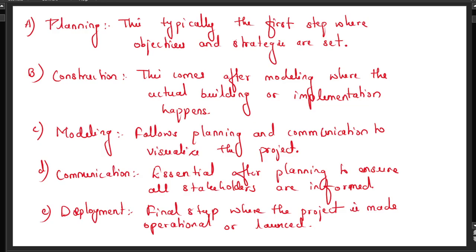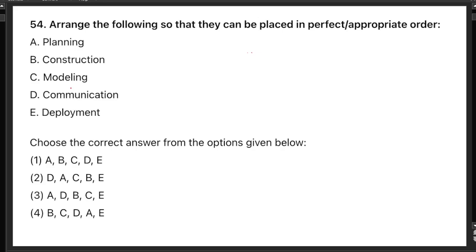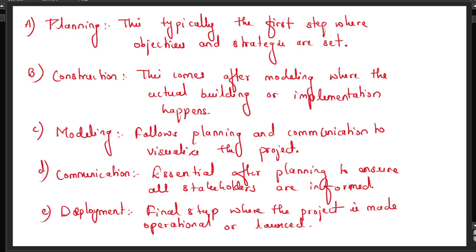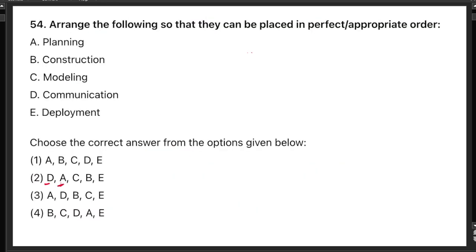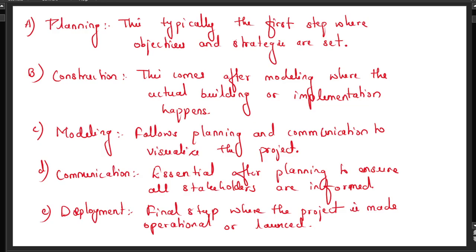So first they are talking about D, which is communication. After that they are talking about A, which is planning. Then the option will be C, which is modeling.